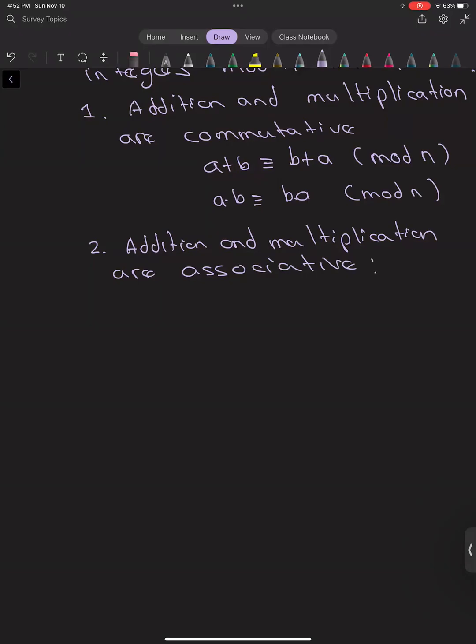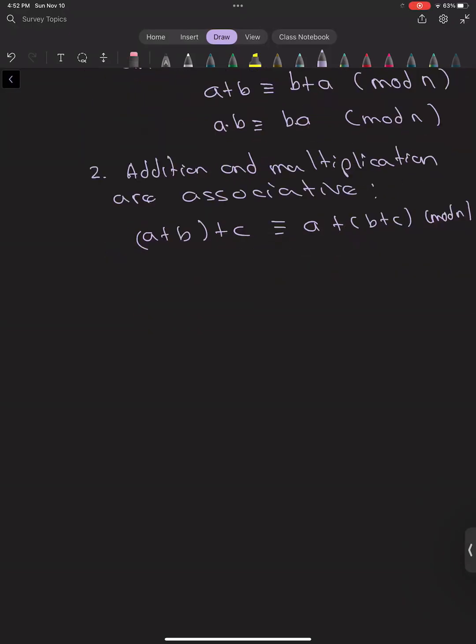That means (a plus b) plus c is congruent to a plus (b plus c) mod n, and (a times b) times c is equivalent to a times (bc) mod n.